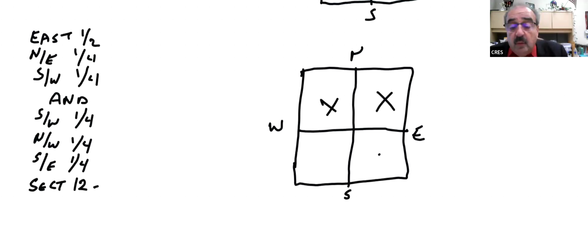That's done. What's left over of this? I want the northwest 1/4. So I'm going to quarter this again. Draw my compass points. Northwest is here, which means I don't want this. That part's done.